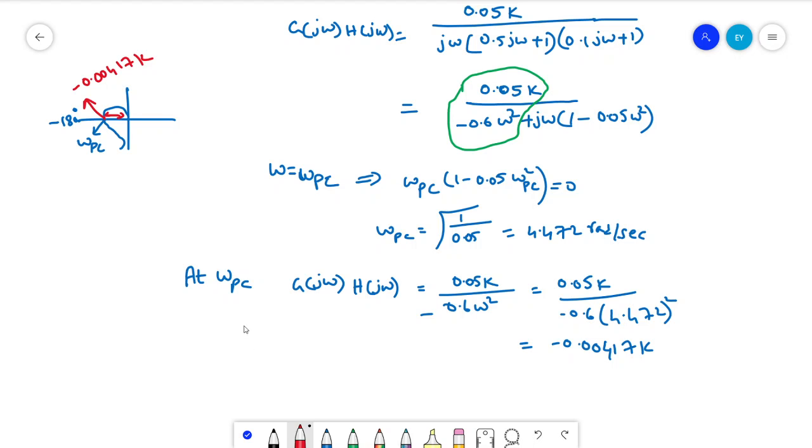To evaluate the plot of C1 from this equation, which I will mention as equation 3, we substitute omega equal to 0 and omega equal to infinity to know the starting and ending points of the plot.